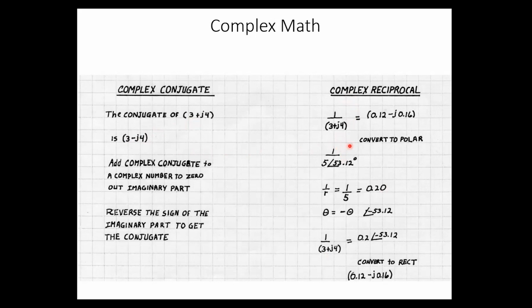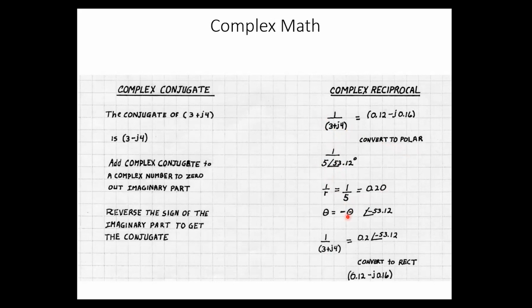So here I'm showing the complex reciprocal, 1 over the complex number 3 plus j4. First I'm going to convert it to polar. So now I've got 1 over 5 at an angle of 53.12 degrees. This one's hard, guys. I take 1 over the 5, that equals 0.2, and I switch the sign on the angle.